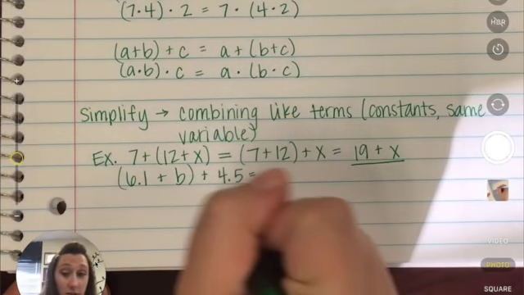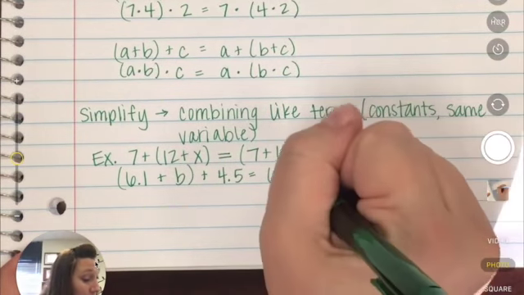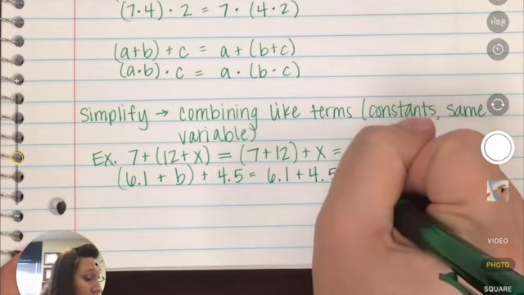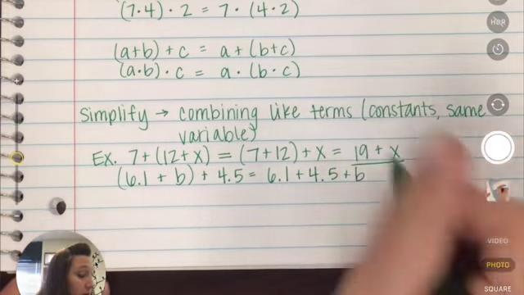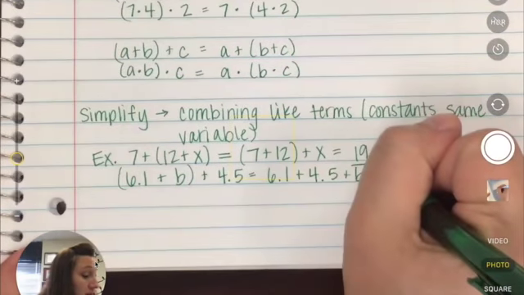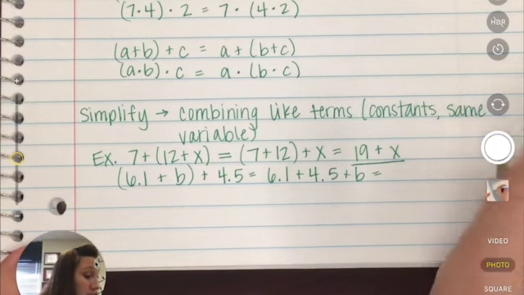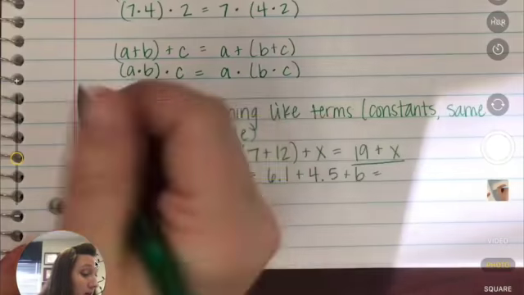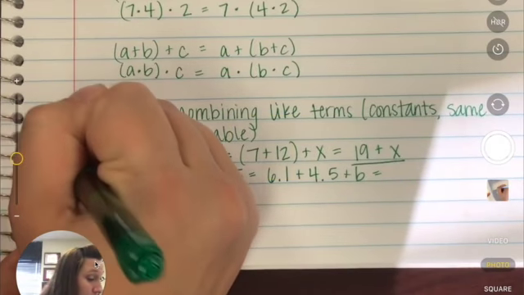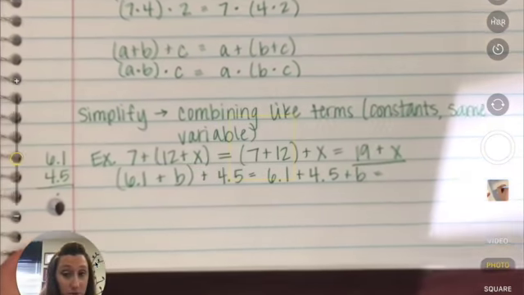So I'm going to switch the places of the b and the 4.5, and then the 4.5 ends up inside the parentheses, which is fine. Or I can just drop the parentheses. Then I'm going to add those two together because both of those are constants. If you can't do this mentally, then remember when you add decimals, you have to line up the decimals for adding. Bring the decimal straight down.